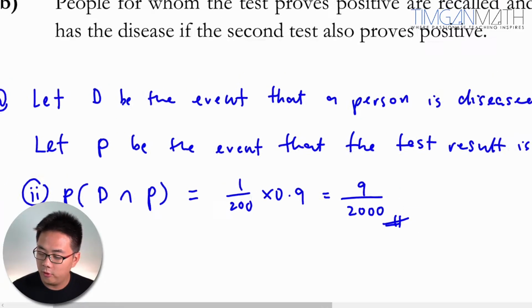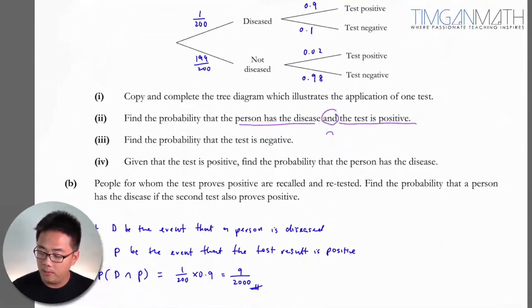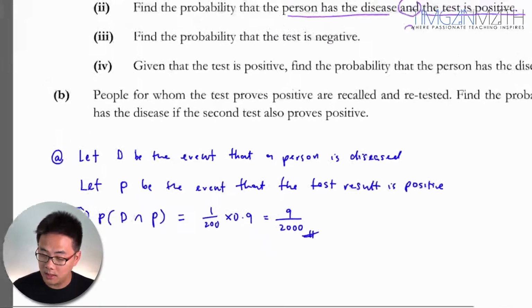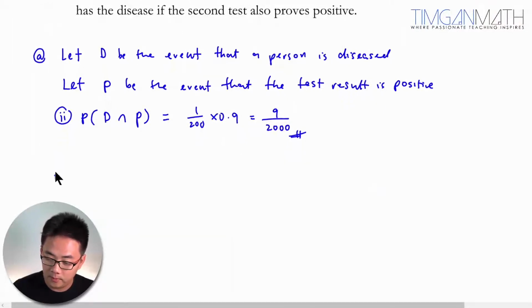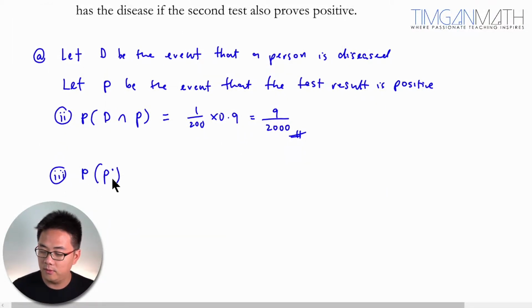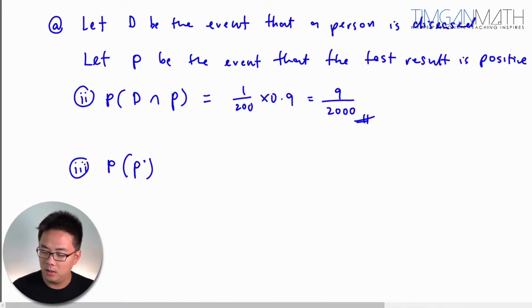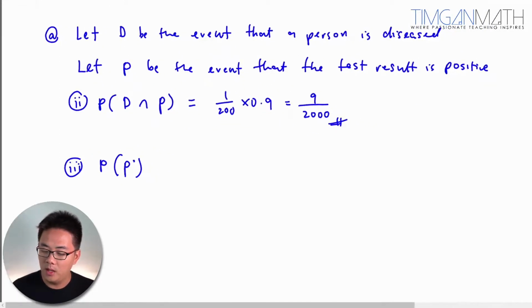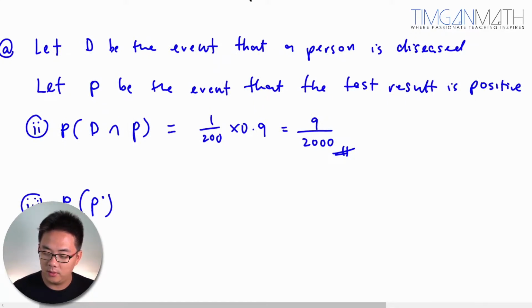Now for part 3, find the probability that the test is negative. The test being negative would be P prime. But if P is very confusing, I would suggest using another letter.